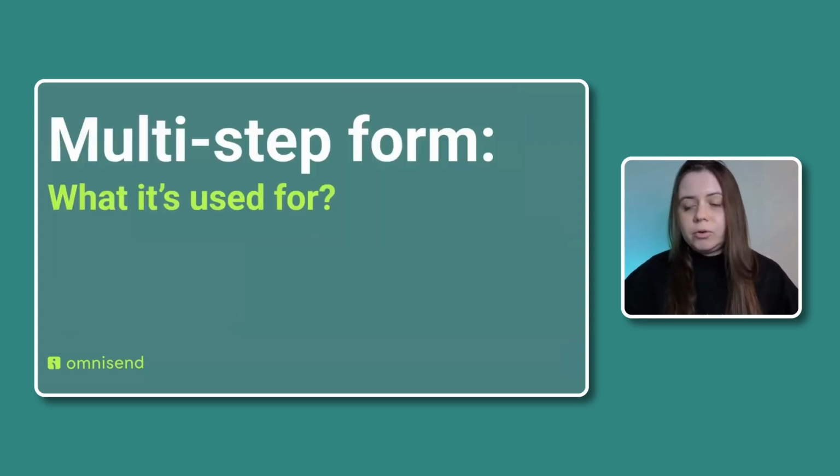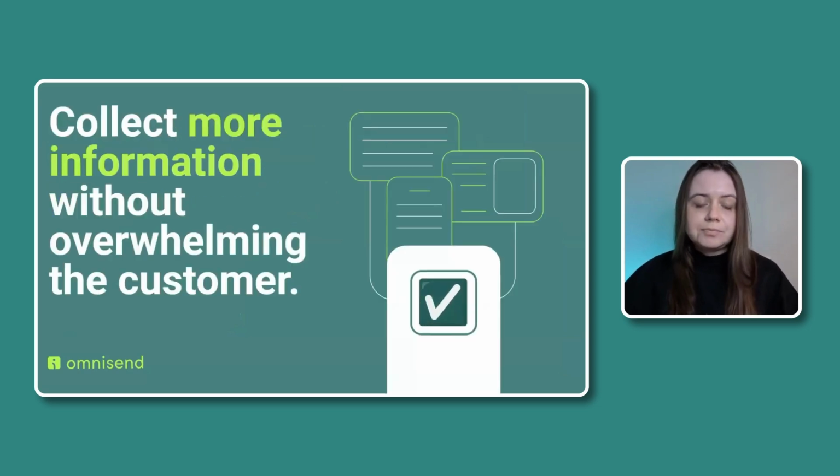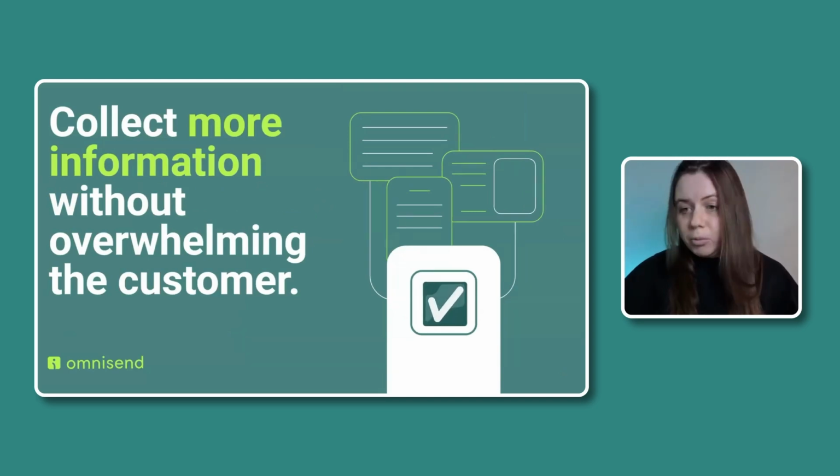I guess most of you are nodding and saying, yeah, I get it, two steps instead of one sounds good. But what's the main value of the multi-step form and what's it used for? If we had to define the main value, it's to collect more information without overwhelming the customer and not asking for too much, not scaring them away.